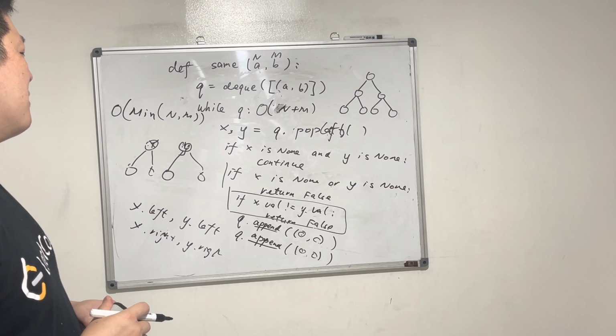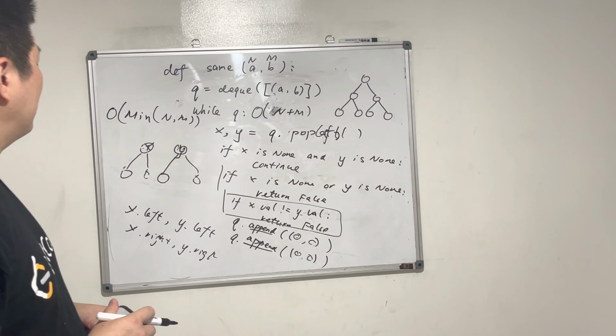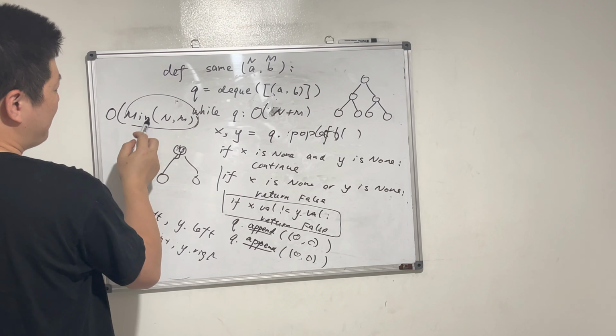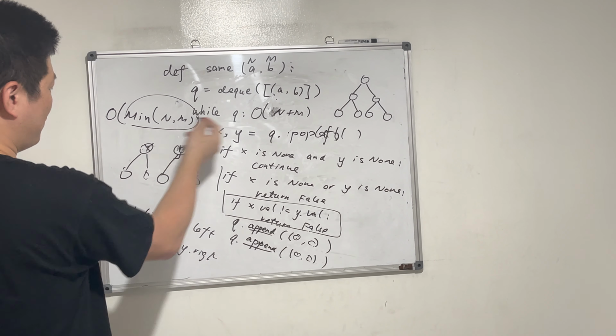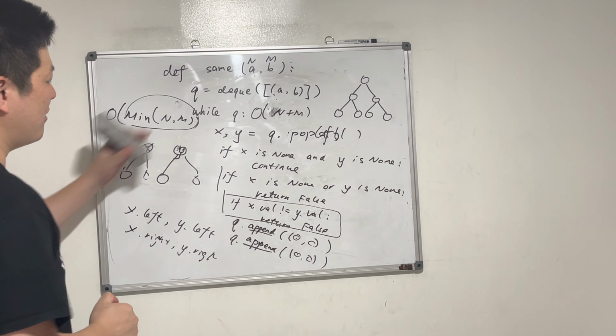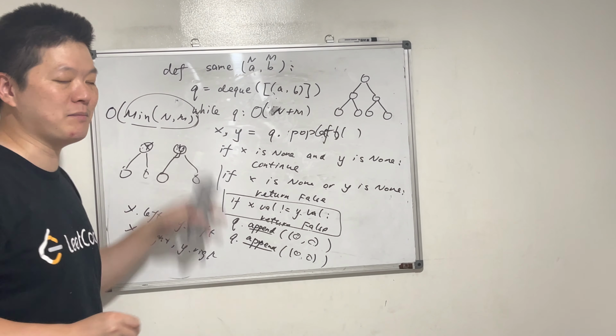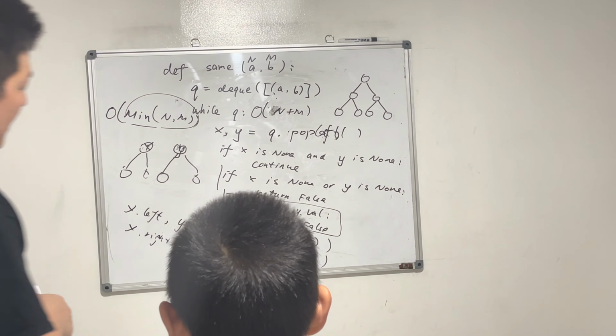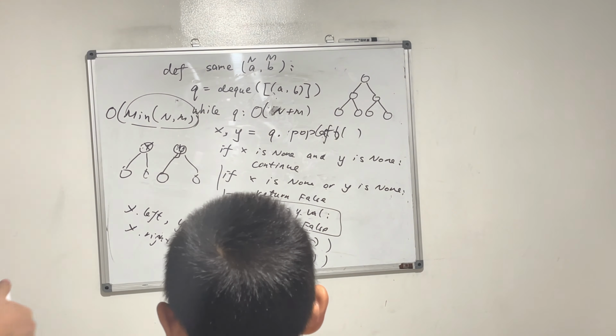No. I think it's just O of min of n and m, because given this time complexity, if it's different, it will exit, right? So it will be O of min of n and m. Yeah, this is the case. Okay. Does it make sense here? Is it the same? Yeah.